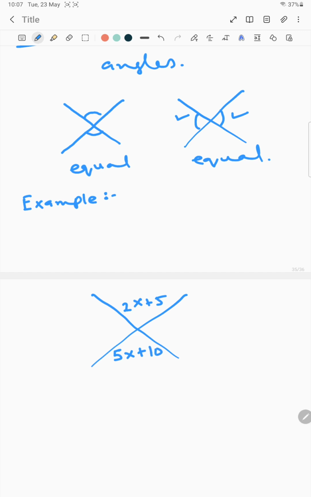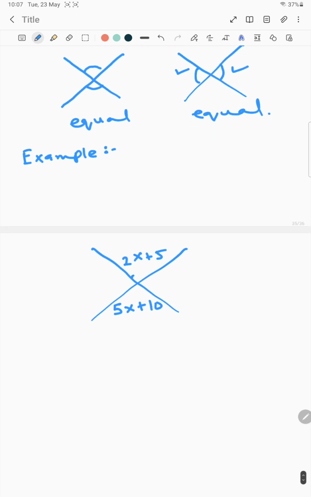We can take 10, 5x plus 10. So see, these are vertical opposite angle. The short form we always use VOA, vertical opposite angles. So see, these are equal to each other. It means 5x plus 10 is equal to 2x plus 5.